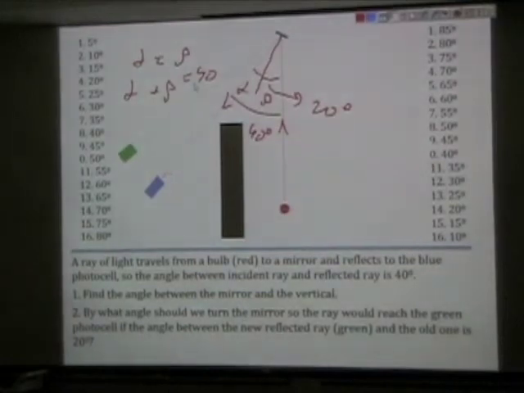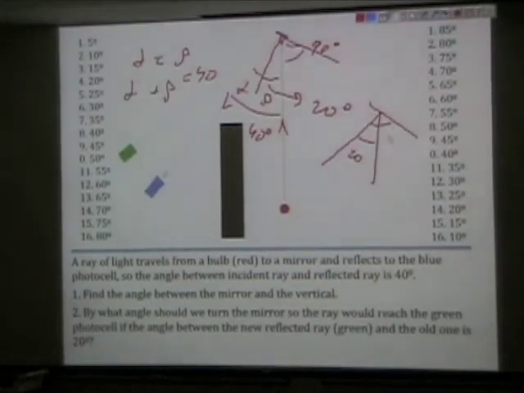Yeah. And now this is a normal, which means this angle is supposed to be equal to 90 degrees. The angle we are looking for is this angle. This is our picture. This is 20.